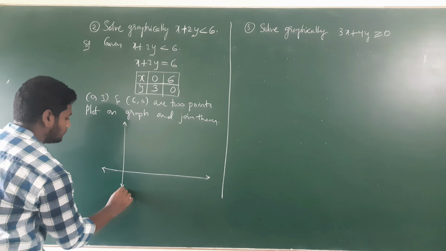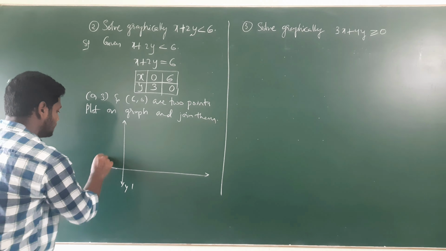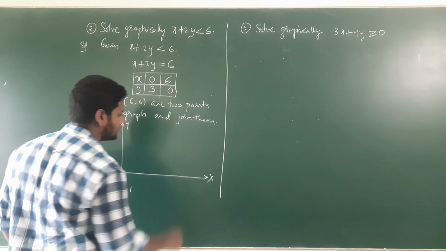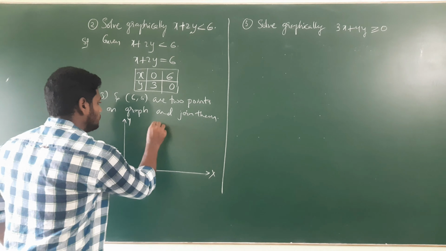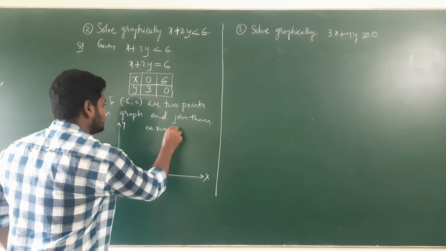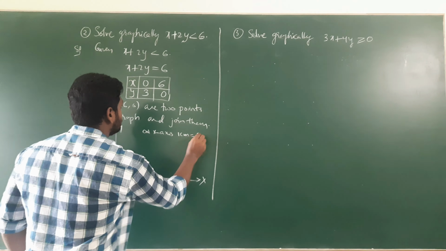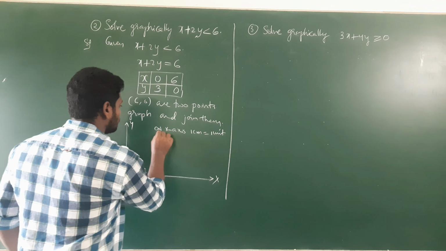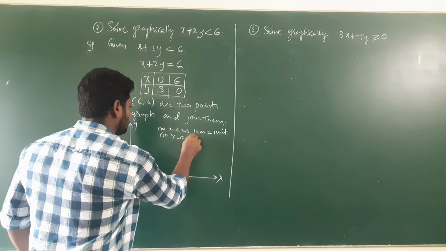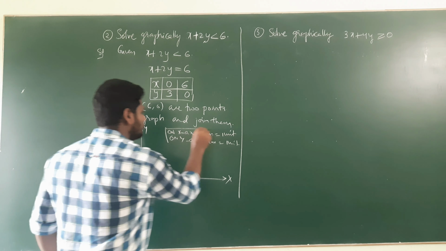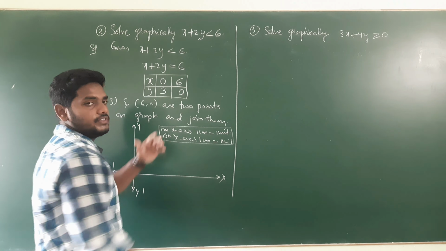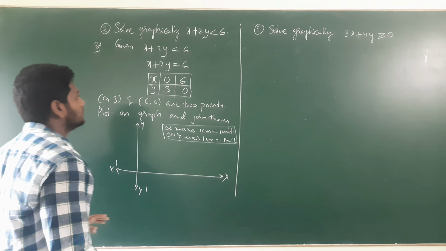So this is a Cartesian plane with y dash, x dash, y, and this is x. Now the scale: on x axis 1 centimeter is equal to 1 unit, on y axis 1 centimeter is equal to 1 unit. You definitely need to write this on top of the graph sheet, otherwise your marks will be cut.